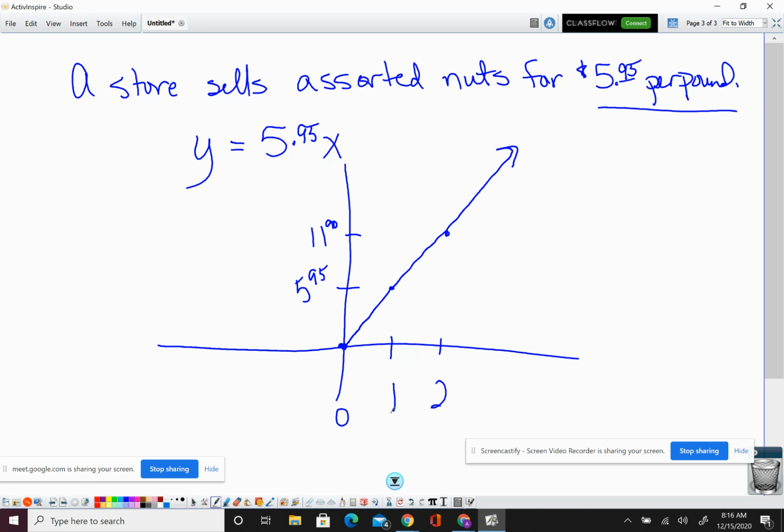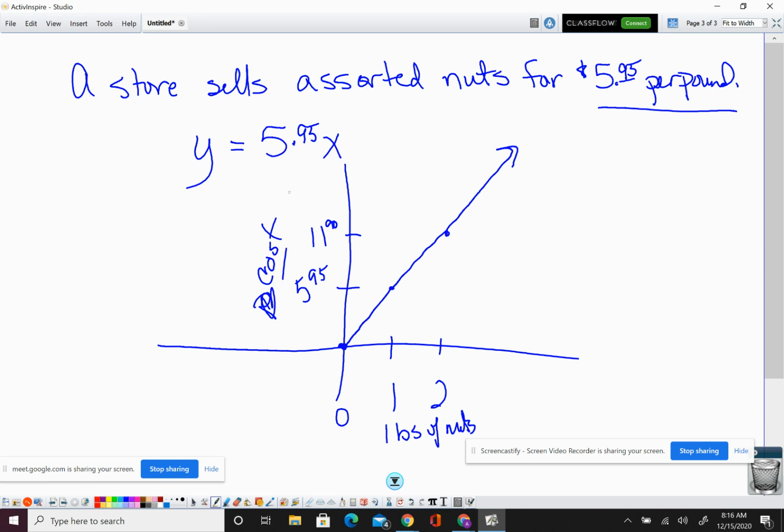Our labels that we would put on here is this is our pounds of nuts. Do we have to graph it or can we just put it in the chart? They want you to do both actually. In some of the problems, if they don't tell you, you can do either one. This is going to be the cost.